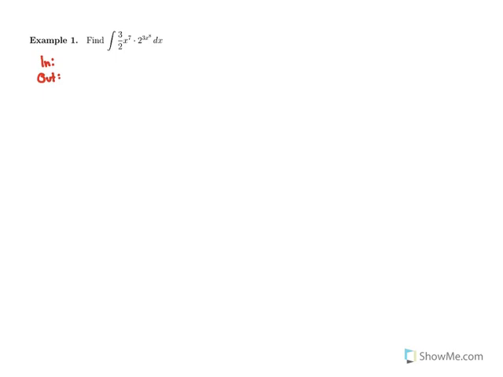And in this case, we do have some function composition, one being that we have 3x to the 8th all inside of 2 to the something. We're going to write that as 2 to the x. So that is the 2 to the 3x to the 8th. And how we know that that's the correct choice for the inside function is because the derivative of 3x to the 8th has an x to the 7th term, and that's the extra term in our integrand.